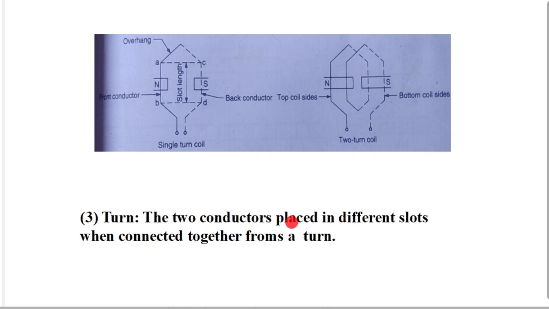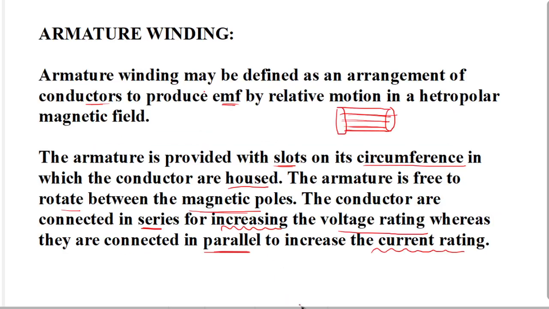Here is a single turn coil and here is a two turn coil. There are two conductors, called the front conductor and the back conductor. That means this one here is the front conductor, and behind it is the back conductor.